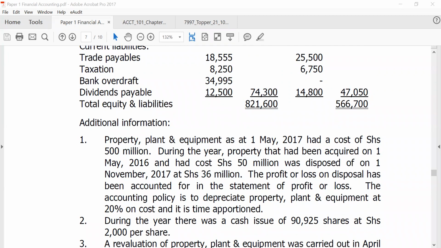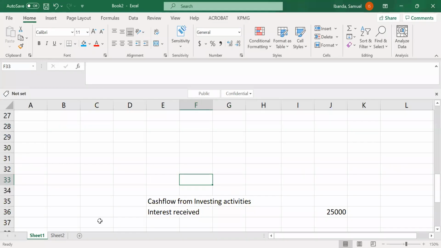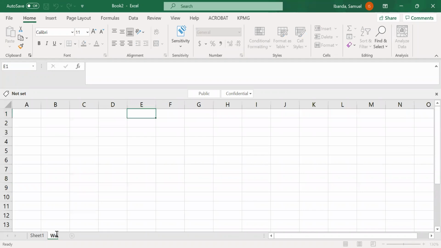So I'll just come here. I'll have a tab for workings. So you put your workings on another page and say working 1. I'm going to draw up my plant account. It is the PPE account, okay?